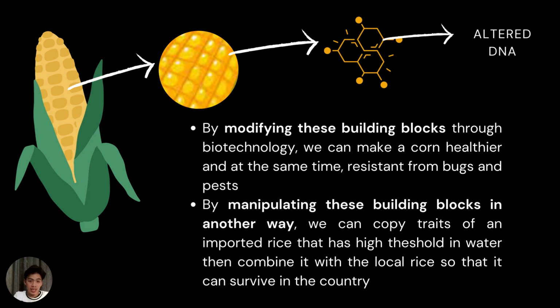As you can see in the picture, as the DNA of the corn has been altered, or by modifying its building blocks through biotechnology, we can make a corn healthier and at the same time resistant from bugs and pests. And by manipulating these building blocks in another way, we can copy traits of an imported rice that has high threshold in water, then combine it with the local rice so that it can survive in the country. That is how powerful the process of biotechnology is.